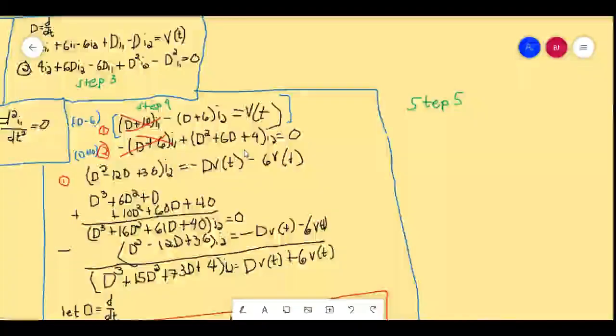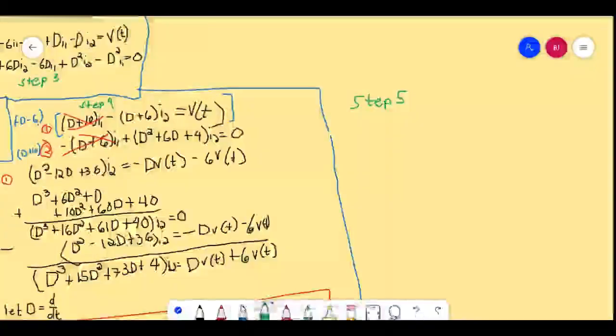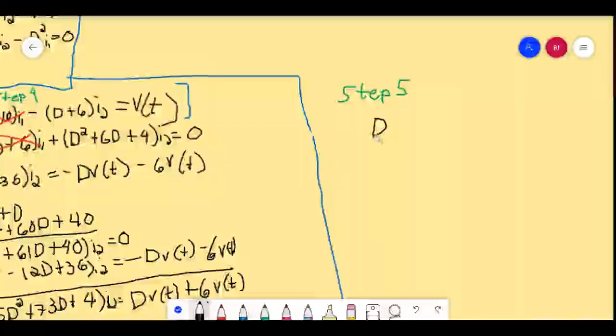So just like what we did with the first example, we will now be eliminating I2 instead of I1. So we will rewrite the equation again. So we have, just zoom this a bit, d plus 10 I1. Erase it, and we need space here.